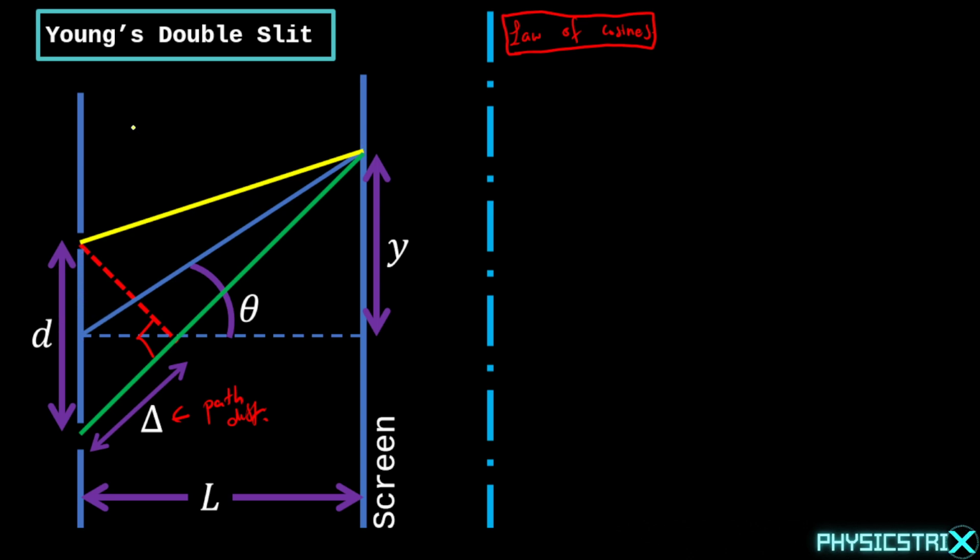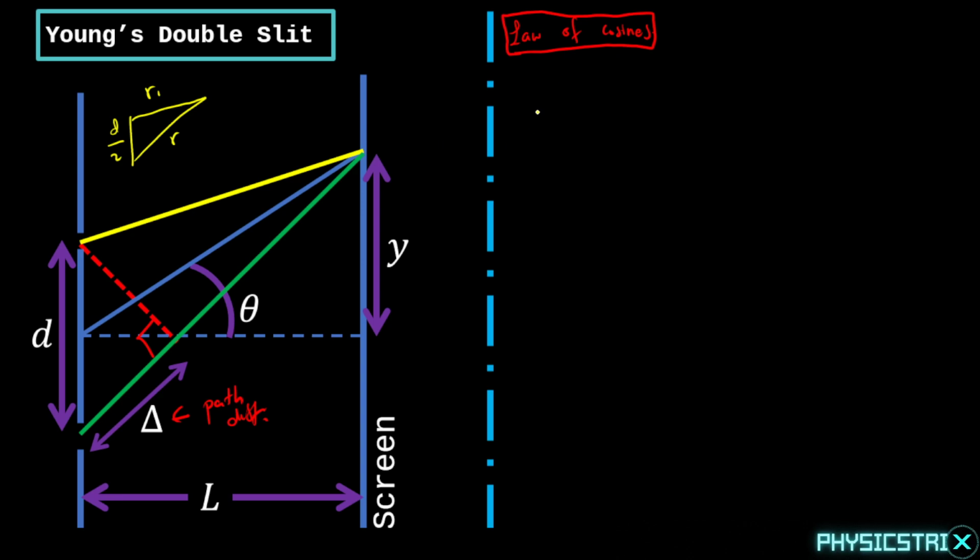So it's going to look something like that. I'm going to label the blue one as R, the yellow one as R1, and this is going to be d over 2. I can apply the law of cosines there.